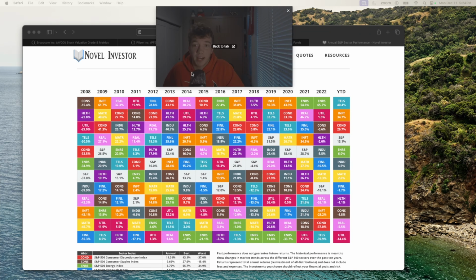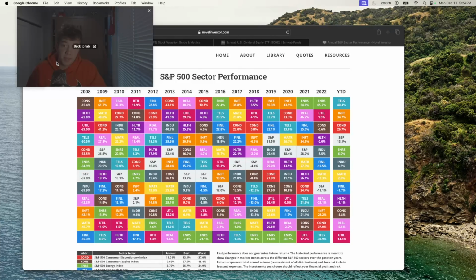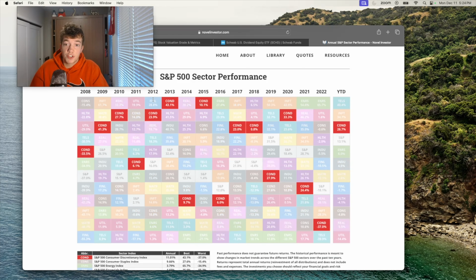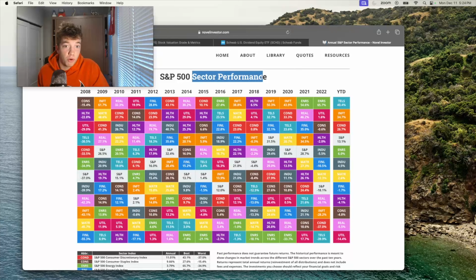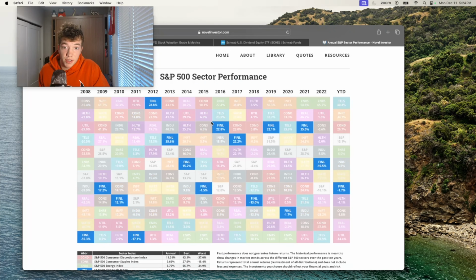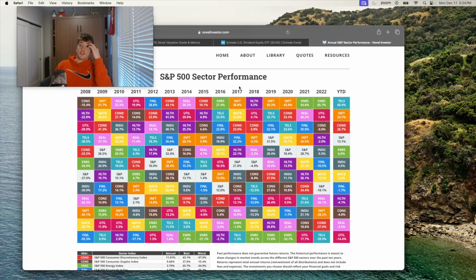I like to look at something like this, which is a chart that shows the S&P 500 sector performance. The great thing about looking at a chart like this is it helps us realize as investors, every year there are different sectors that outperform.